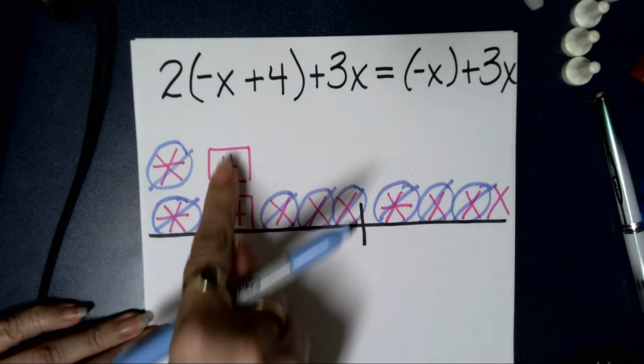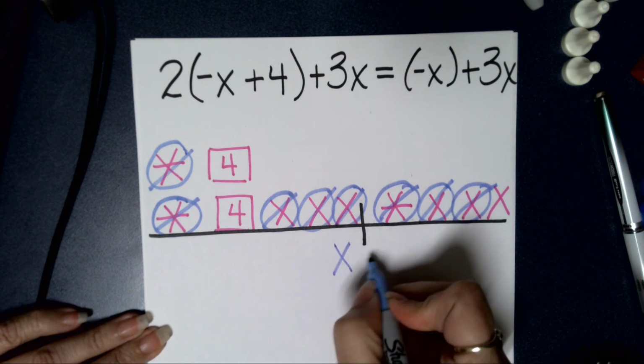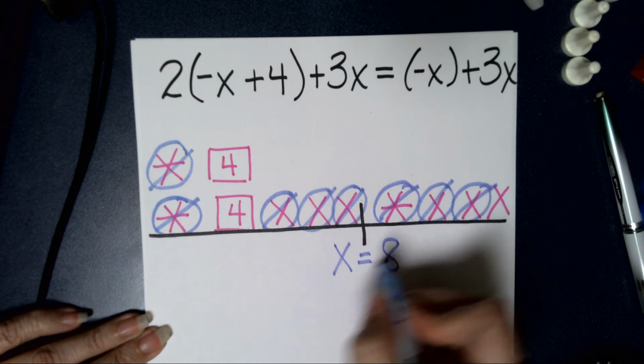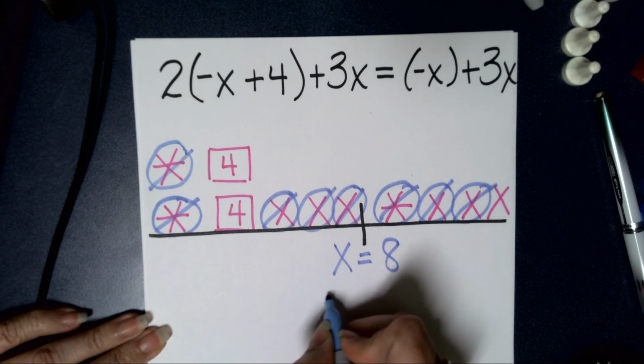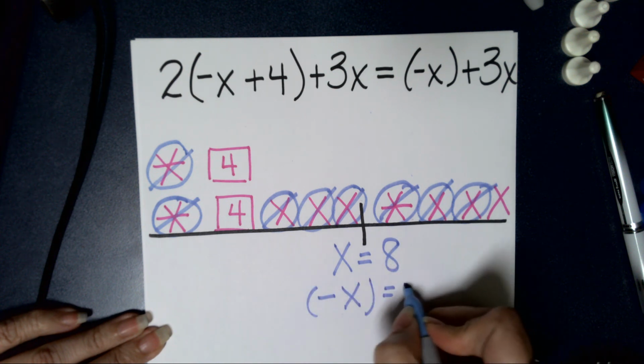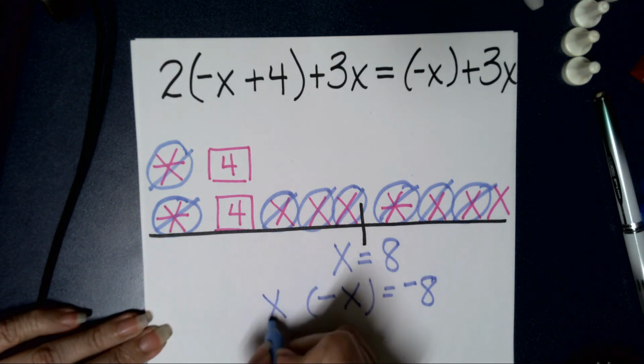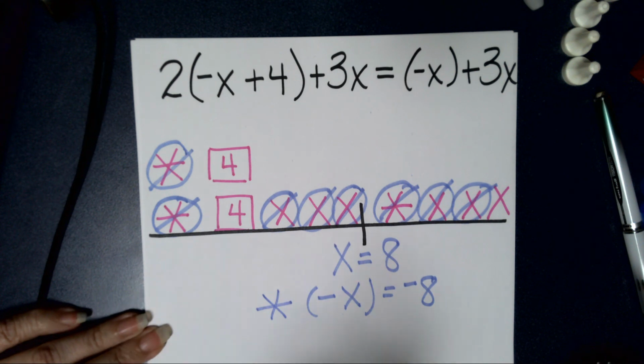So now I have 8 equals X, or pawn equals 8, which means my star equals the opposite of 8, which is -8. Remember, this is also written like this. And then we do our check.